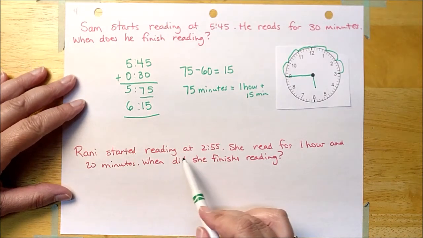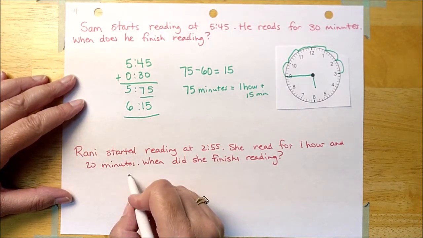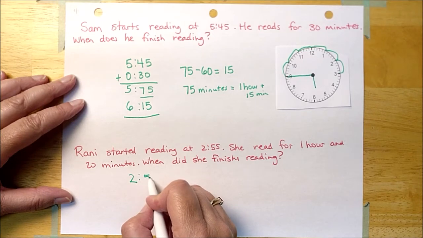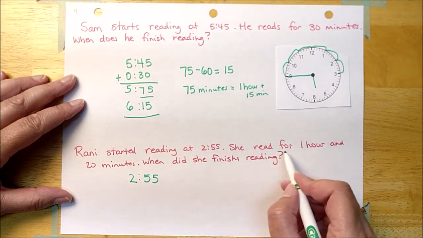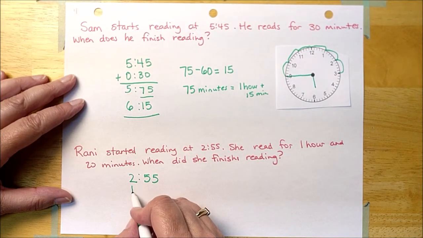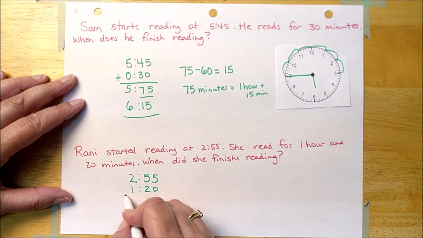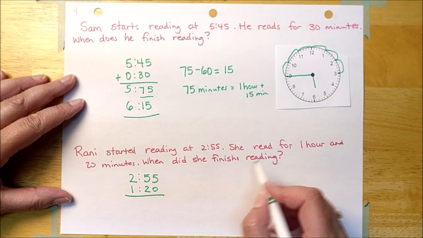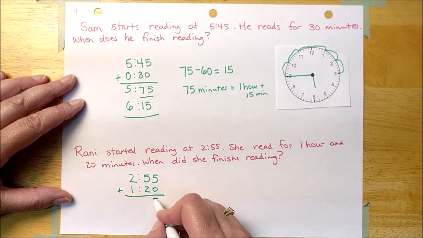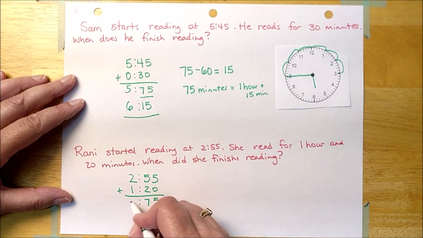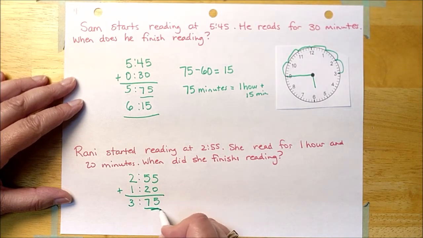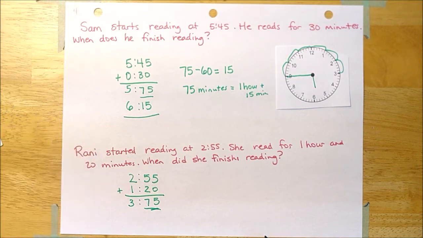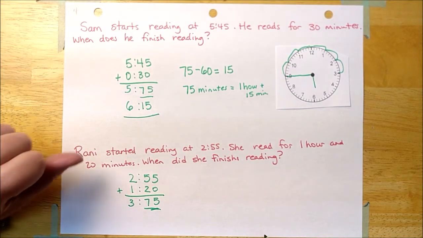Rainey started reading at 2:55, sorry. She read for 1 hour and 20 minutes. 1 hour, 20 minutes. When did she finish reading? So I'm going to add 5, 7, 3. Okay, here I did it again. I've got 75, which is more than 60.